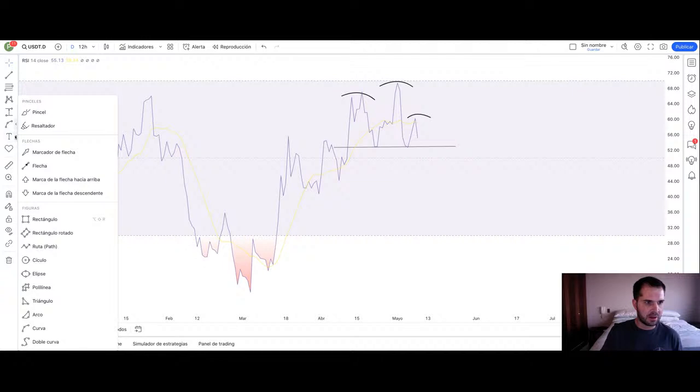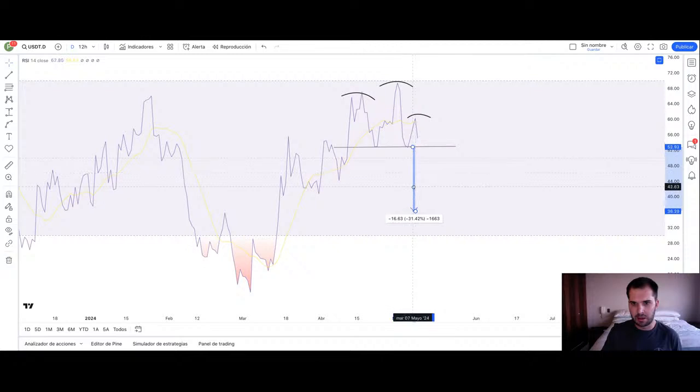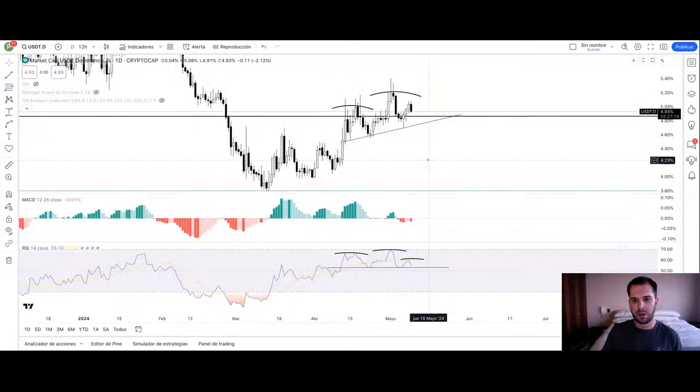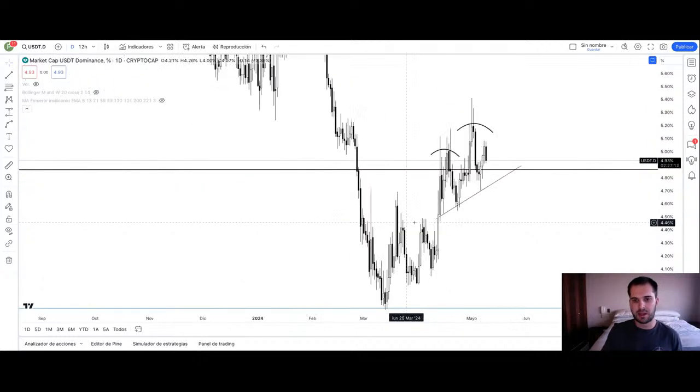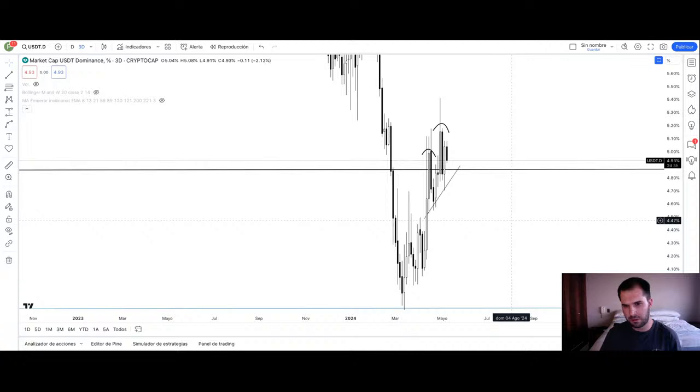If we break down the technical measured move on the RSI, it would basically give us around 36 points, which is below 40 points and within the bearish control area of the RSI. That's really nice.